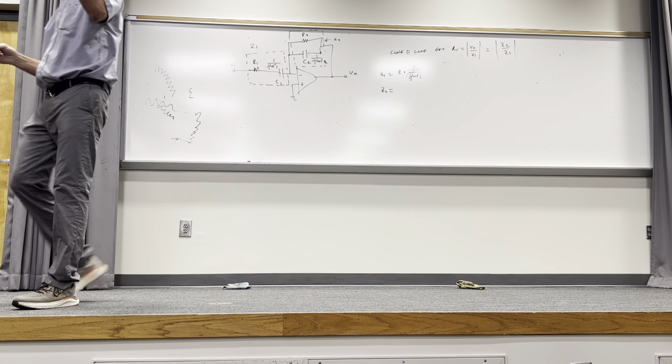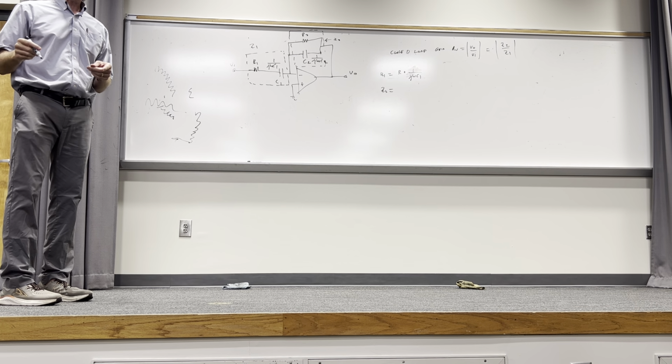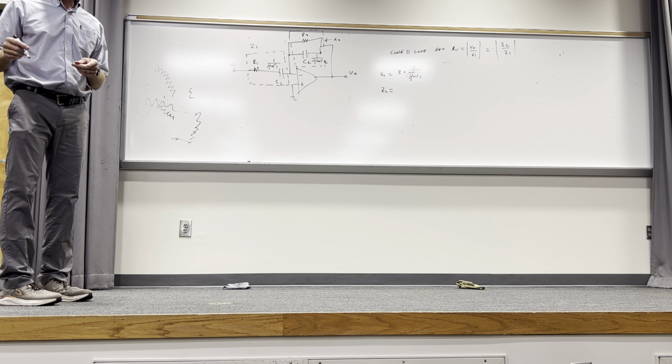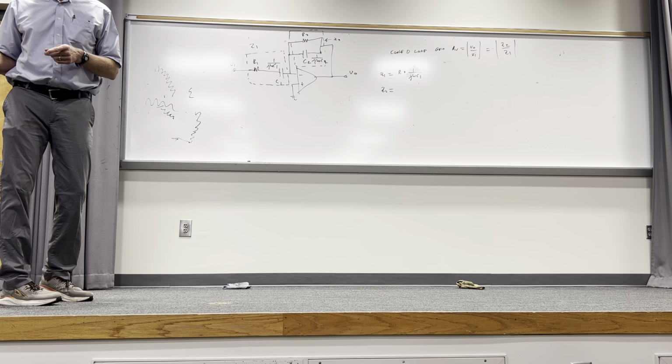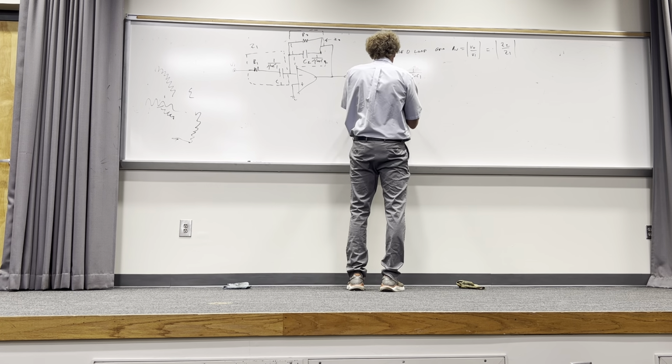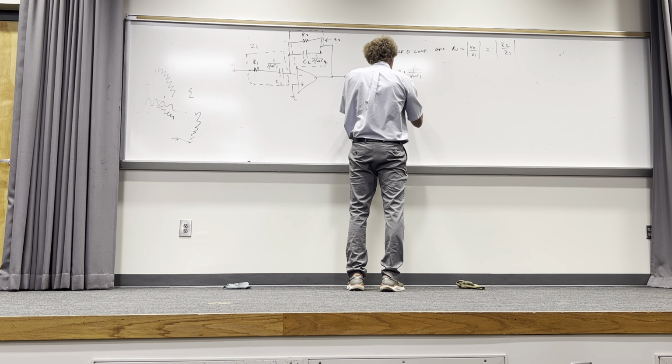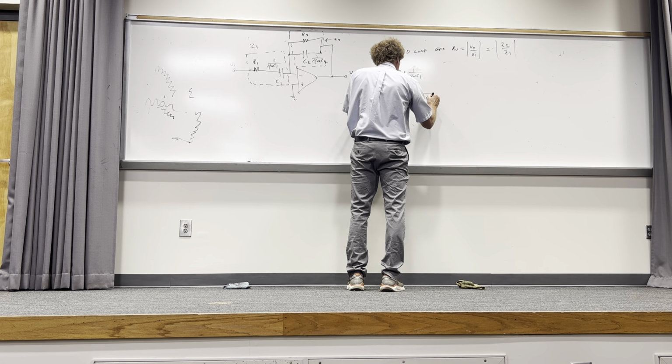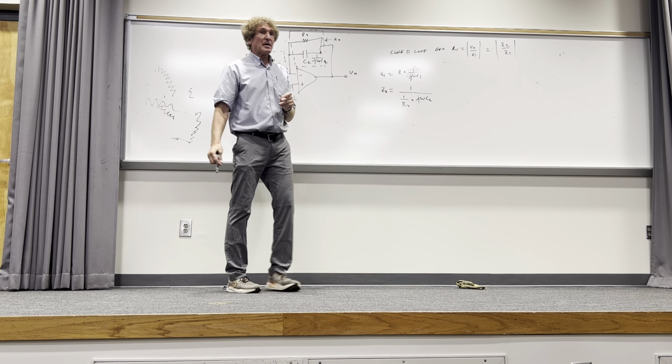I'm going to put 1 over the values of each parallel impedance. You remember me talking about this? All right, so for Z2, which is this, I have equal to 1 over, this would be 1 over R2 plus J omega C2. Try to make sure you see it.